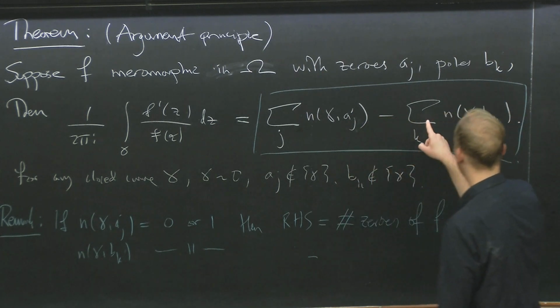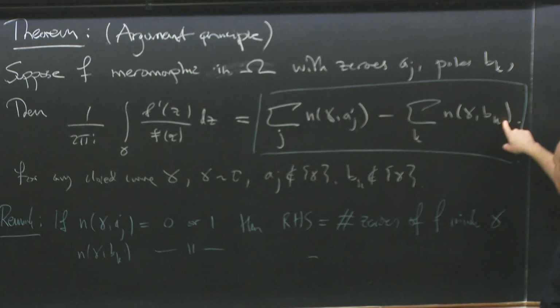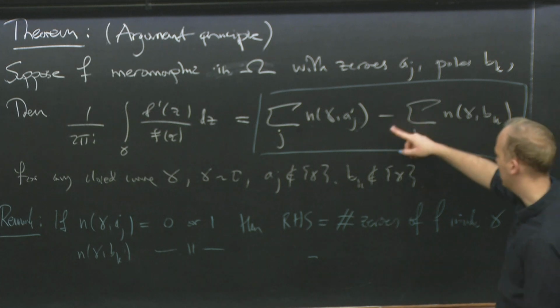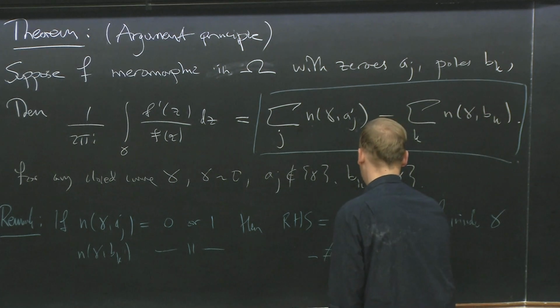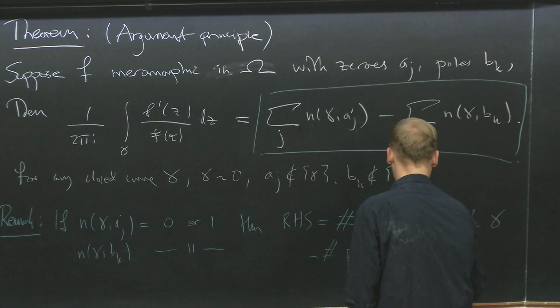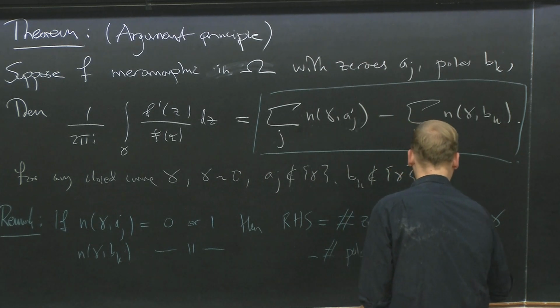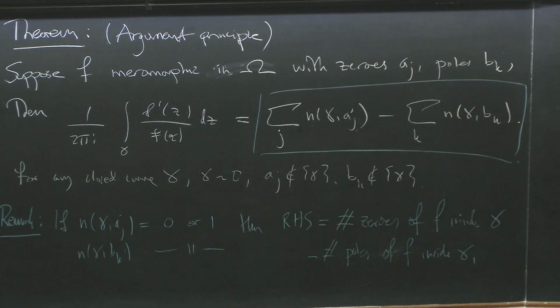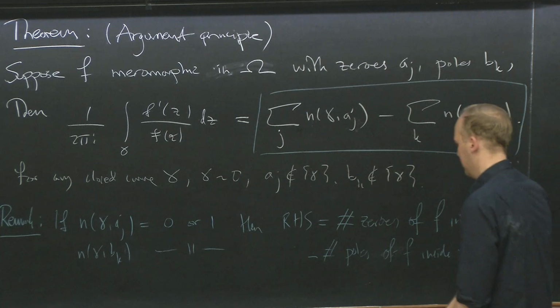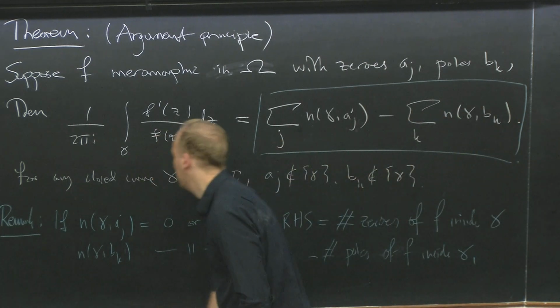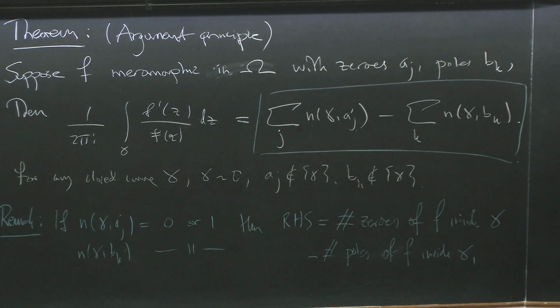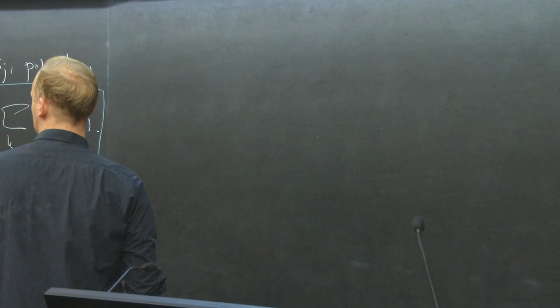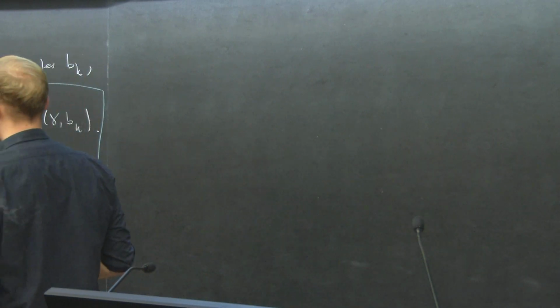And then what I pick up from here is, again, the value 1 for each pole inside gamma. So it's minus the number of poles of f inside gamma. So this is the relation. This is maybe the most common application of this theorem, to say that you are in this case. So any questions about this statement before I go on to the proof?